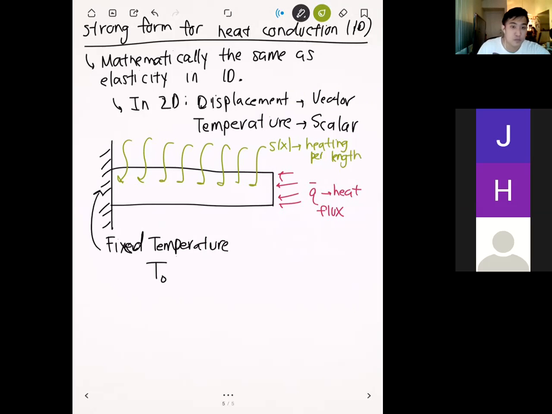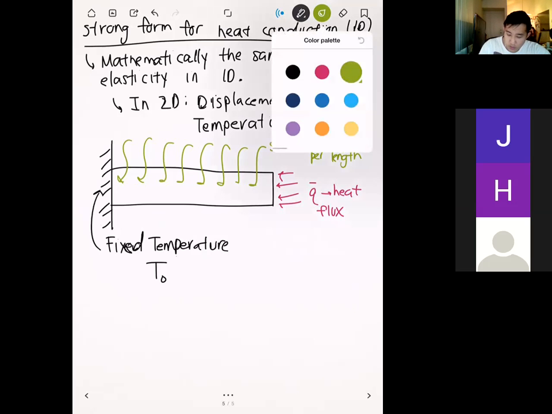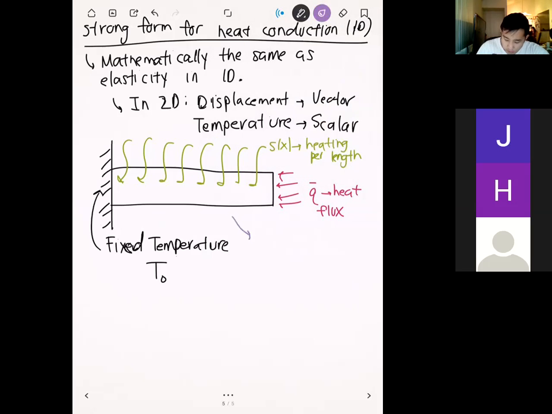What we're solving for in these heat transfer problems is the temperature distribution in the bar. Our goal is to find a function T of X that describes how the temperature evolves in the bar.